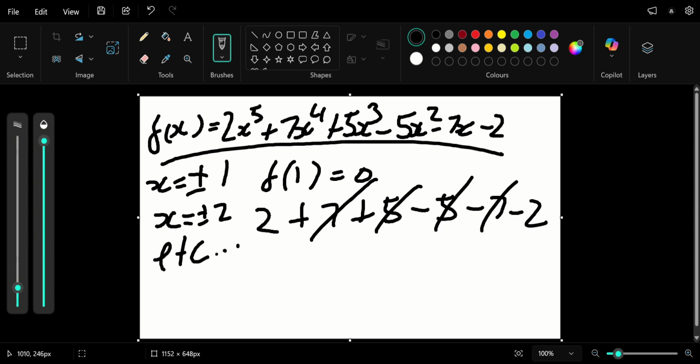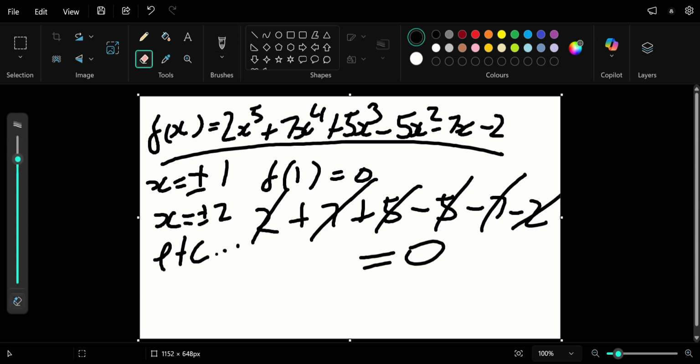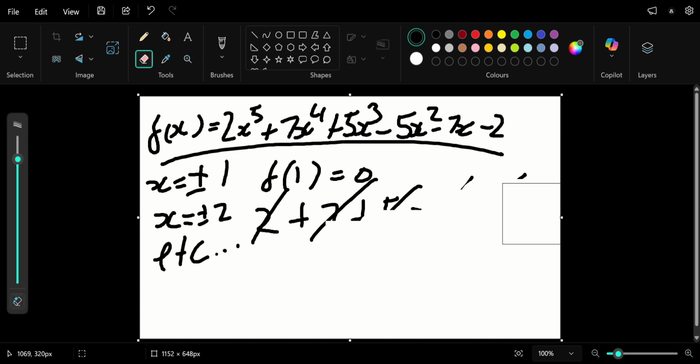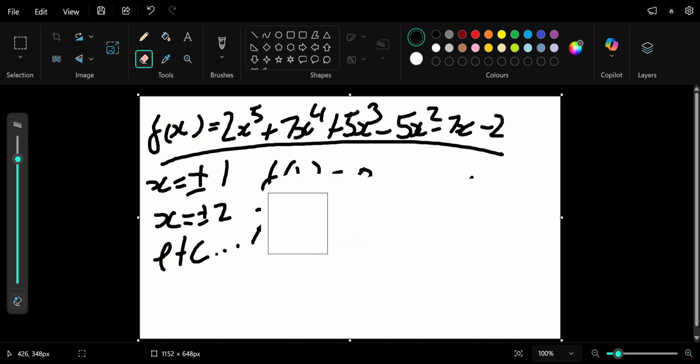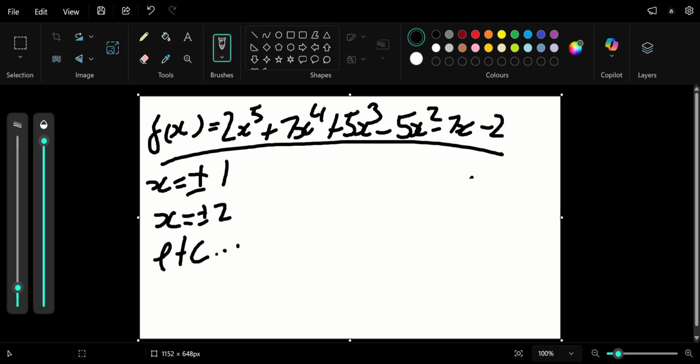The 5s cancel, the 7s cancel, the 2 cancels, we get 0 overall. If you spotted that, well done. But now to get to the meat of the video. If we know that f of 1 equals 0, then by factor theorem, x minus 1 has to be a factor.